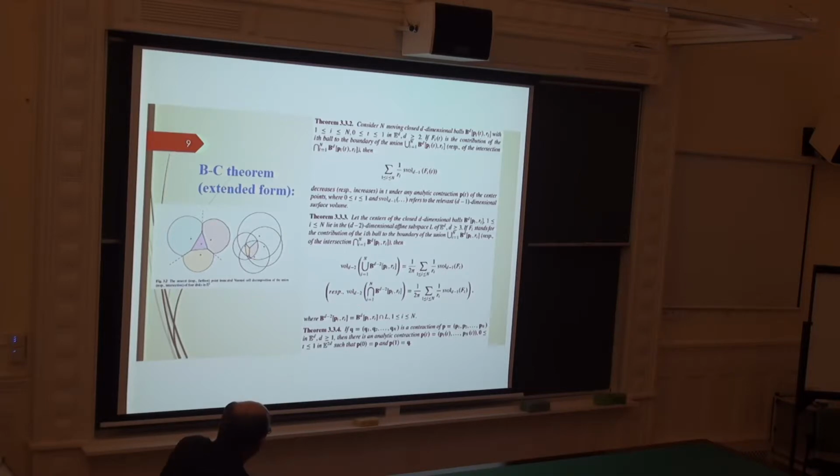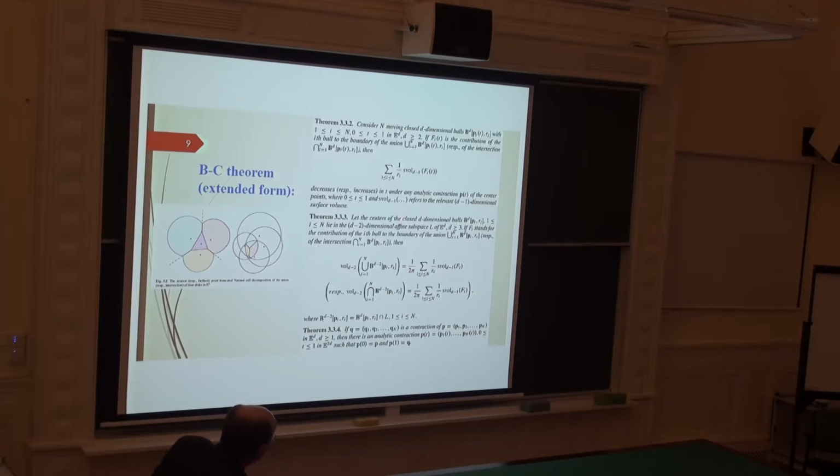Namely, if I take a ball centered at P_i and intersect that ball with my subspace L, then I get a ball of lower dimension, 2 dimensions lower. And the volume of the union of these lower dimensional balls has a close connection to the weighted surface volume. So this is part 2 here.